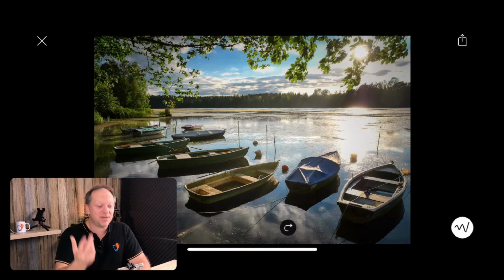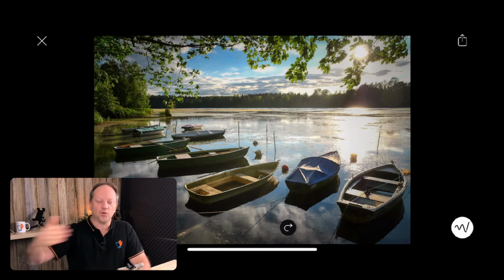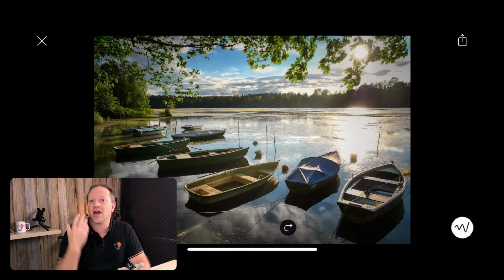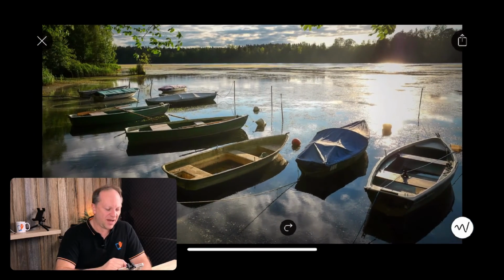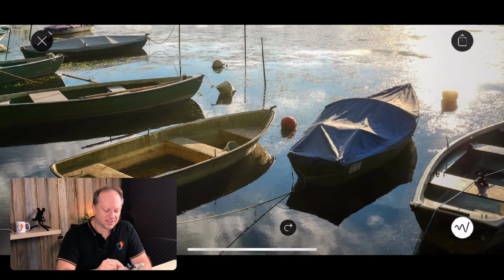Scale, I talked about diminishing scale, which is really handy to create depth, but also having some elements in there at a certain distance from the camera helps us to understand how big it is. Now, we all know how big a boat is, but we might not be that familiar with whatever the subject is. By having something in there like these little sticks in the water, we all know how big a pole is.